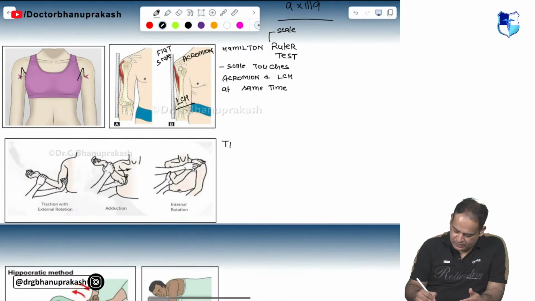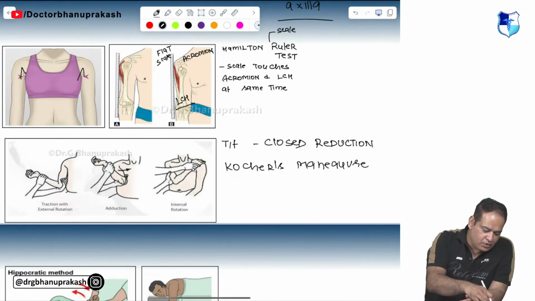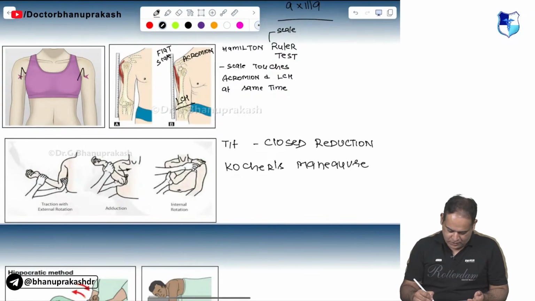Then treatment is closed reduction, right? So what kind of closed reduction? Kocher's maneuver. See, Kocher's maneuver. So Kocher maneuver is TEAM.